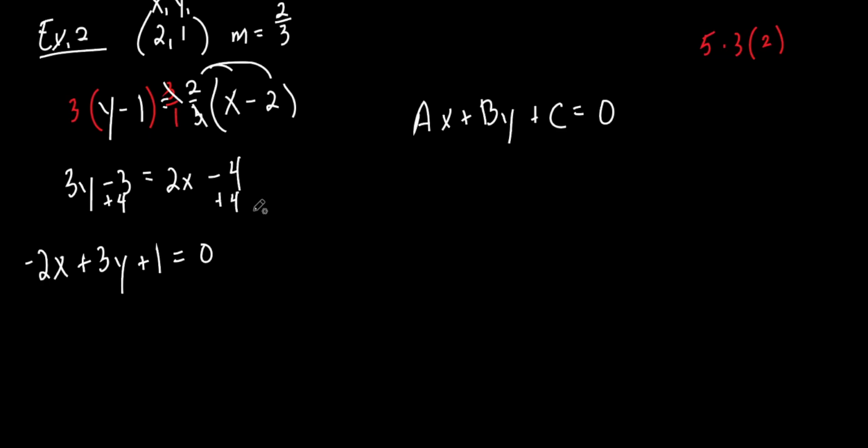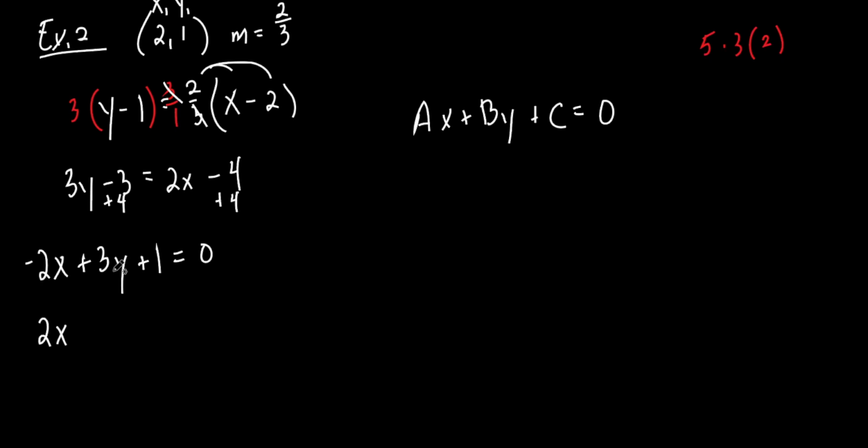I don't have any fractions. I don't have any decimals. But what's the problem? X is negative. That's right. You got it. So how do I get rid of that negative? Okay, I could divide it by a negative or multiply by a negative. Either way, right? So what's that going to do for me? If I divide or multiply everything by a negative, what's that going to give me? Positive.